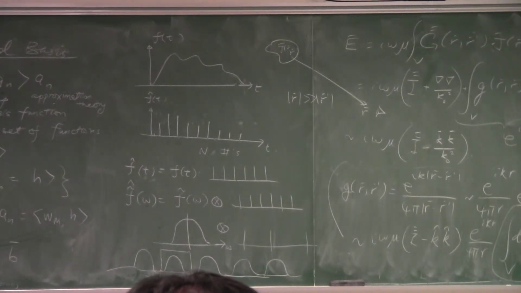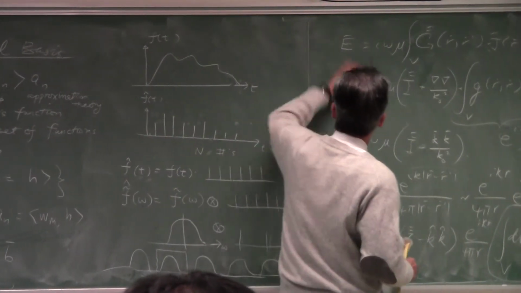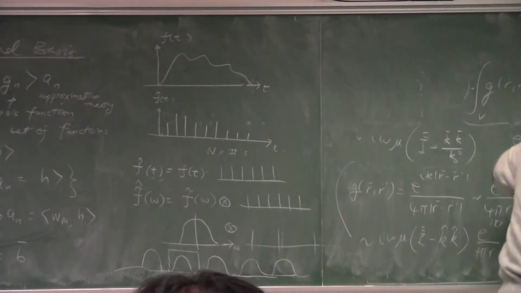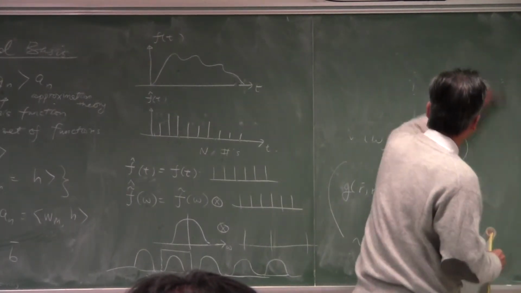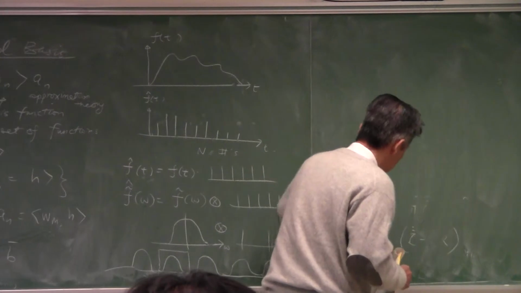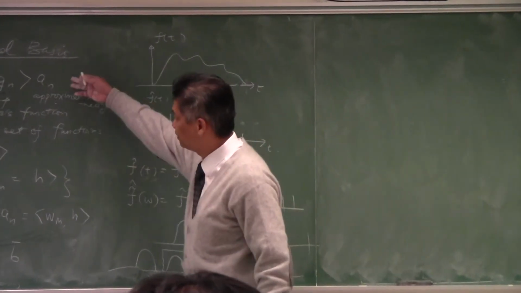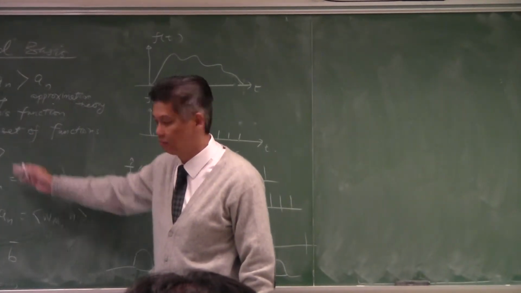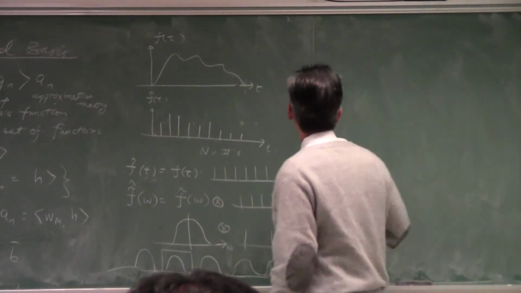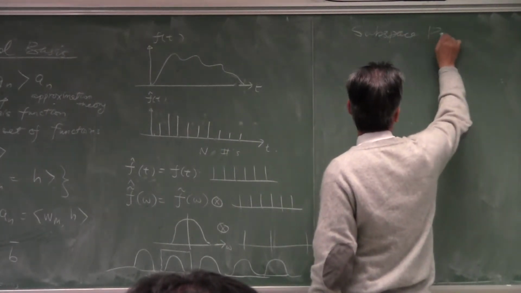Let me see, I don't have much time now. So this is actually converting an infinite dimensional system into a finite dimensional vector system. I will call this the subspace projection method.